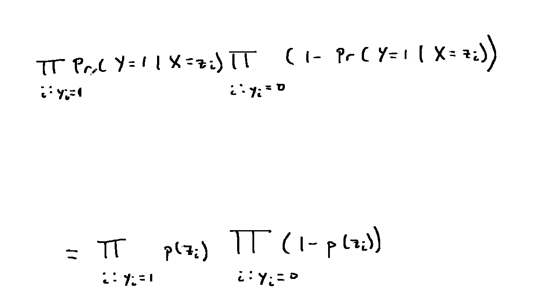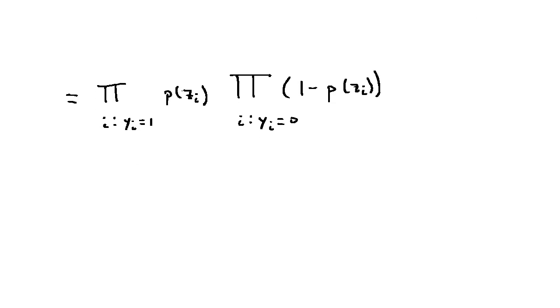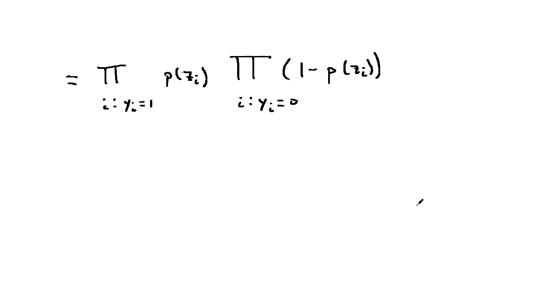Okay, and now this we can just rewrite as p of zi. And this part, the same thing, so we get 1 minus p of zi. Now, we want to find estimates for beta 0 through beta p that maximize the probability of our observed data given by this product here.